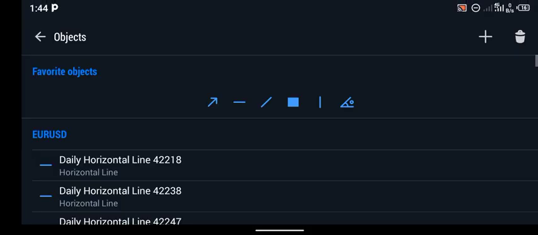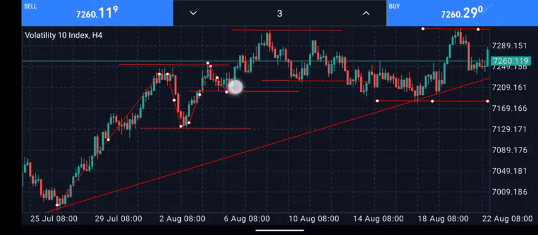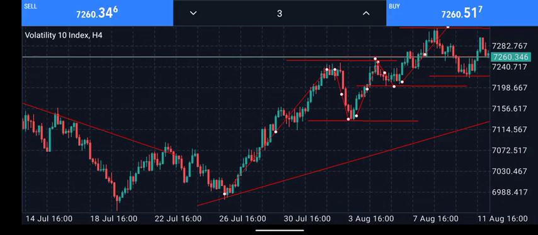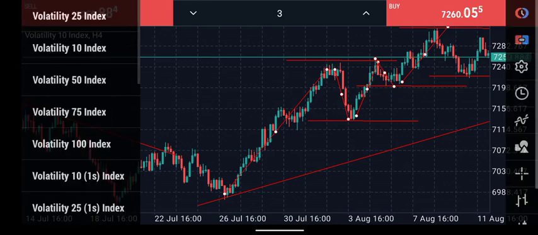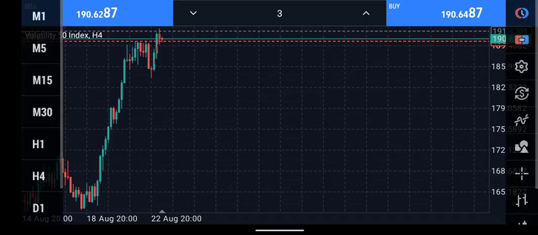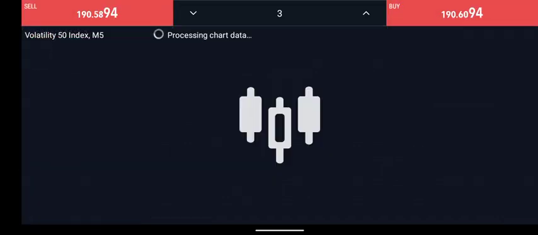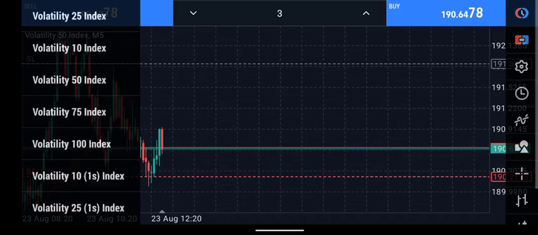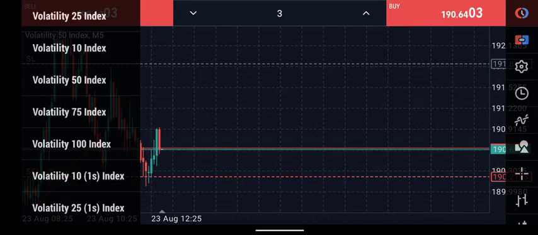Another higher high. See now, the market keeps forming higher highs and higher lows when it is having an upward movement. Note that, and take note of it. Anytime the market is forming an upward movement, it keeps forming what we call higher highs and higher lows.